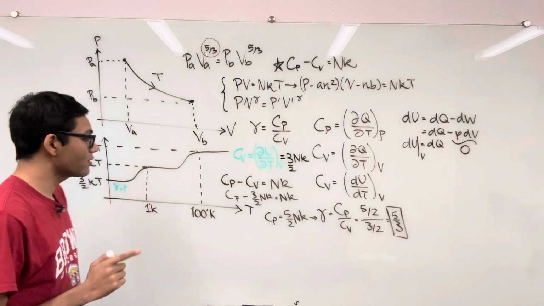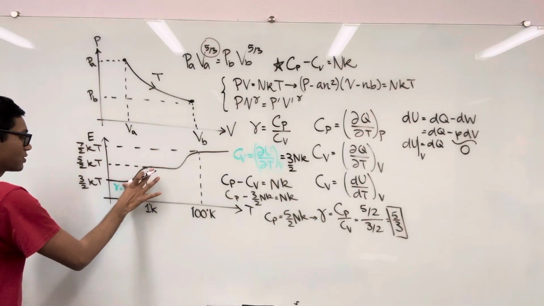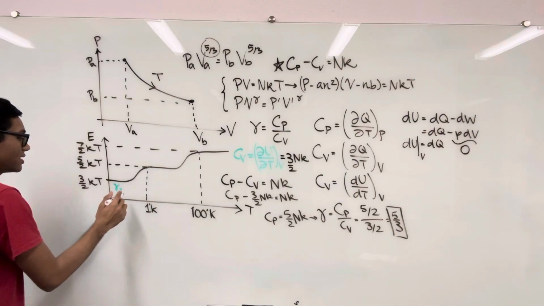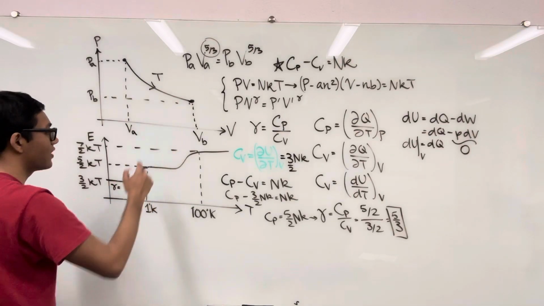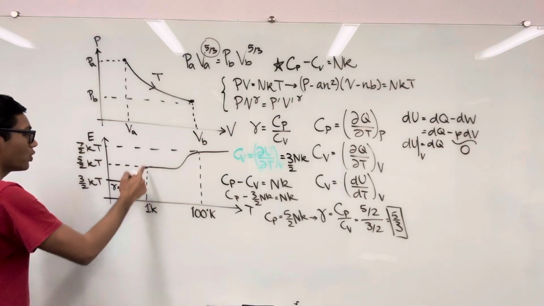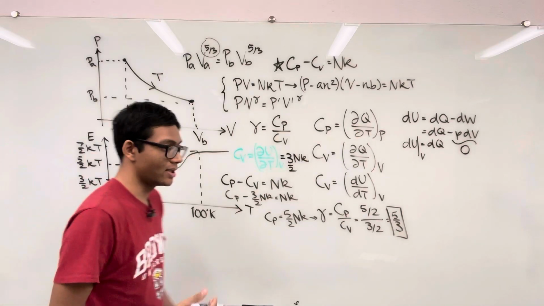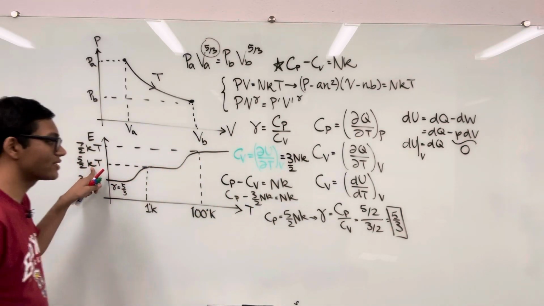But we can also have a different situation. At very low temperatures, near 0 degrees Kelvin, we have just determined that gamma is 5/3. But at a slightly higher temperature, around 1 degree Kelvin, what is gamma going to be? Well, we know that the energy of the ideal gas is 5/2 kT.